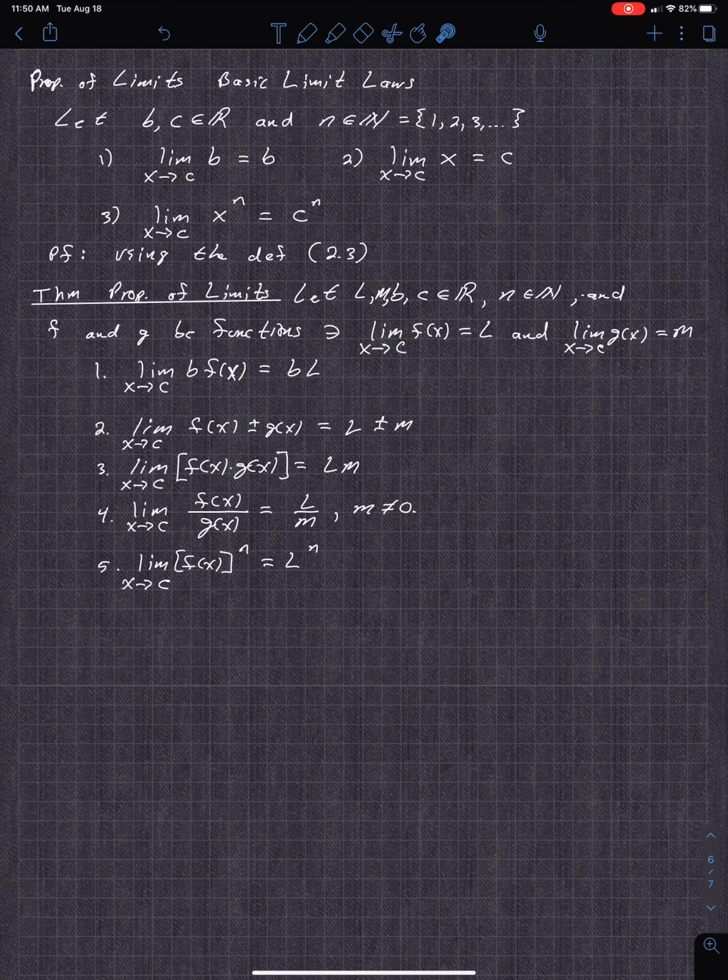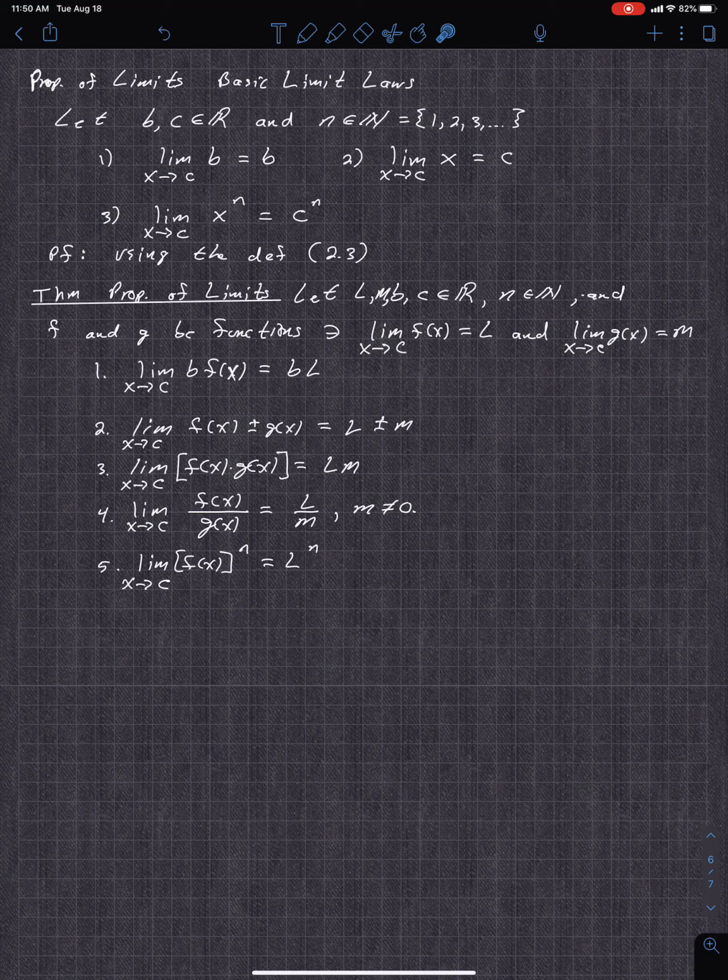So here are some more properties. L, M, B, C are all real numbers. N is natural. f and g are functions such that the limit of f of x equals L as x approaches c, and the limit of g of x equals M as x approaches c. So you're approaching the same value with two different limits, and then you're basically combining the limits with the limit laws.